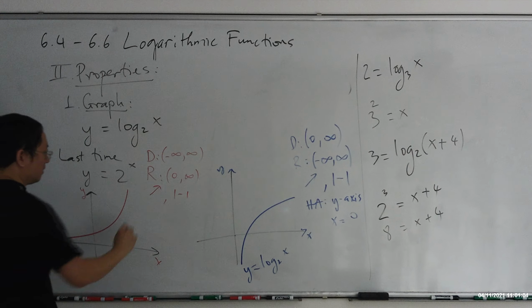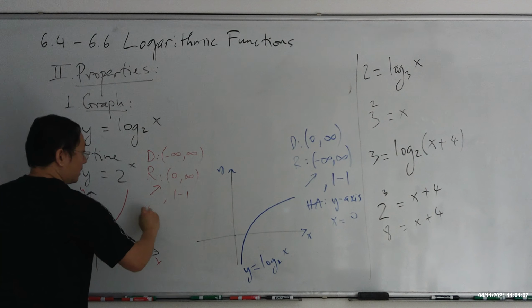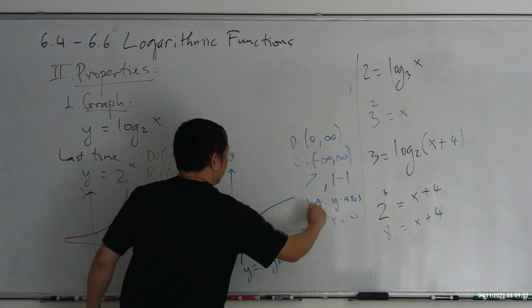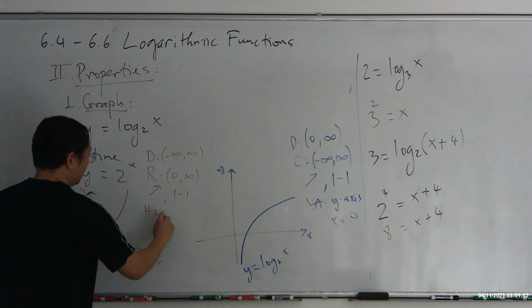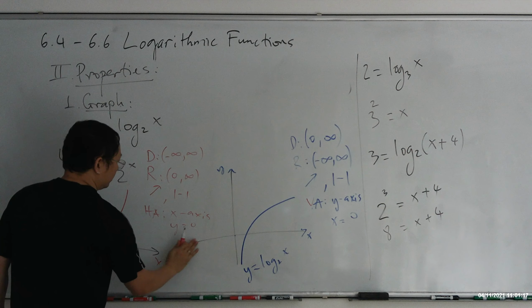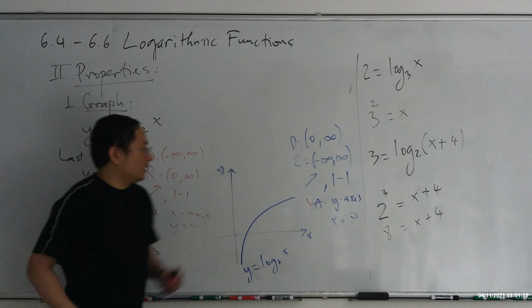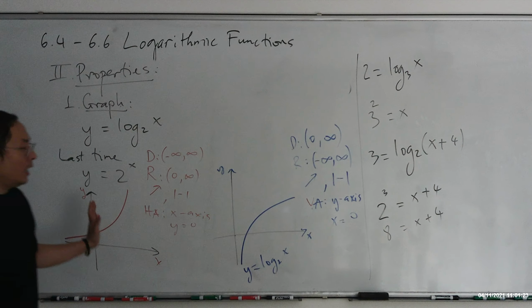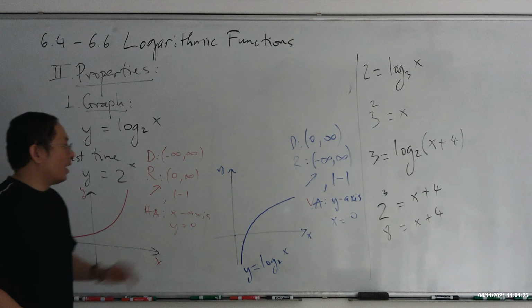It has a horizontal asymptote at the x-axis, which is y equals 0. Oh, this log function has a vertical asymptote, I'm sorry. And you guys see the idea of the inverse function: input x becomes output y and vice versa.